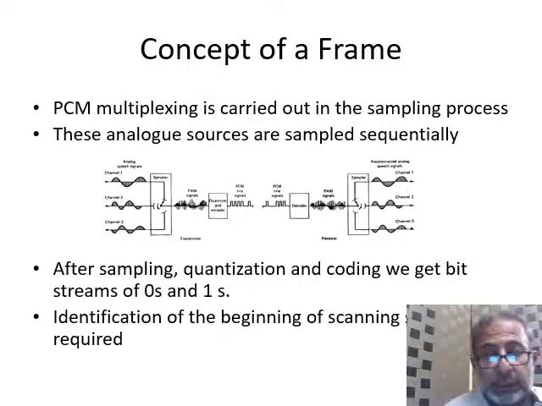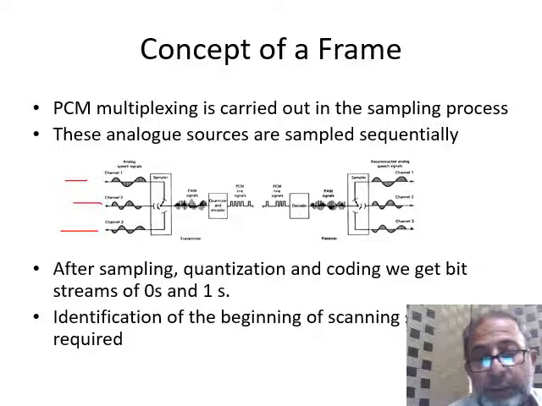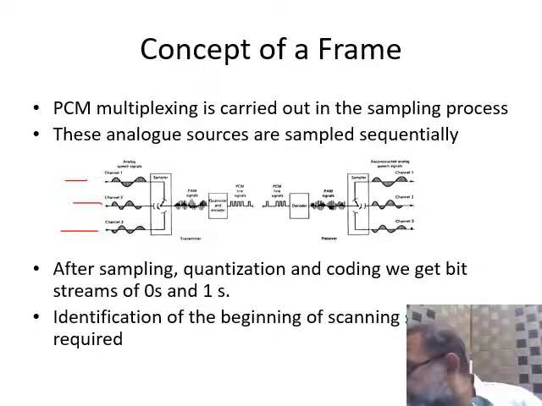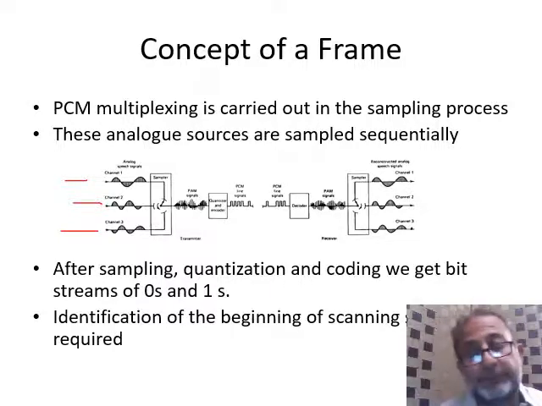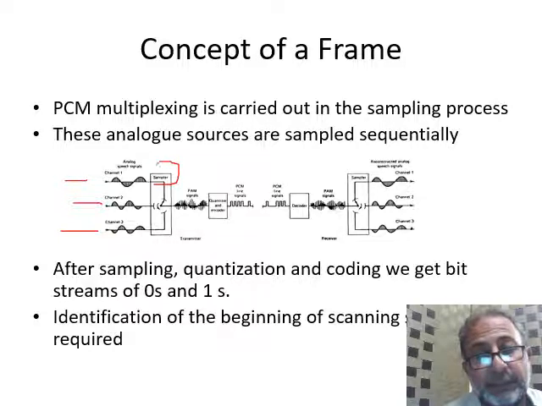If we see this, for example, here we have the first channel coming in, here we have the second channel coming in, and here we have the third channel coming in. All these channels come through this sampler. This is a sampler, right? What happens is that each signal gets its fair share in time and is sampled for that particular time.